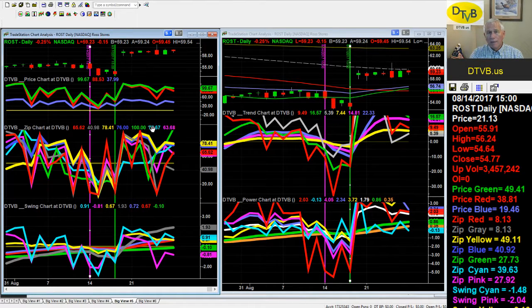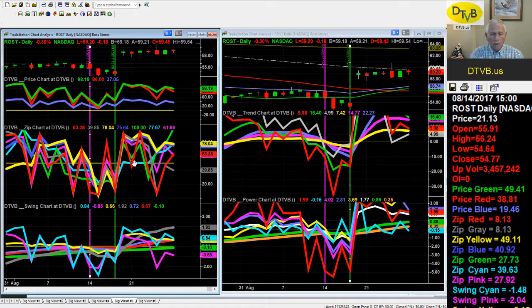The zip red line moves faster than any of the other lines in the system. Zip red and swing pink are the quickest lines in the system. Swing pink will oftentimes even move as fast or faster than zip red, but swing pink does not have the line length difference that we see in zip red.